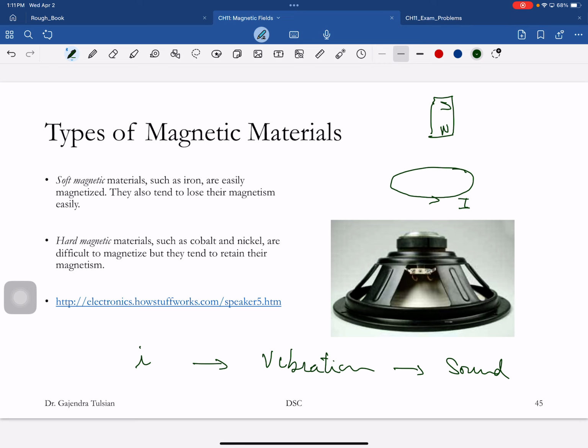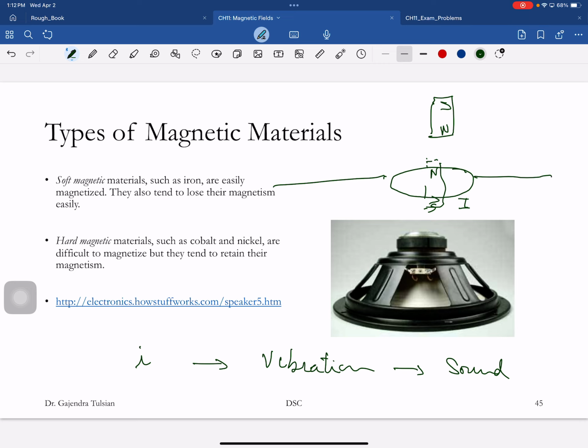Stick your fingers in the direction of the current. It's acting like a magnet like this. What is this permanent magnet doing to him? He's repelling him.